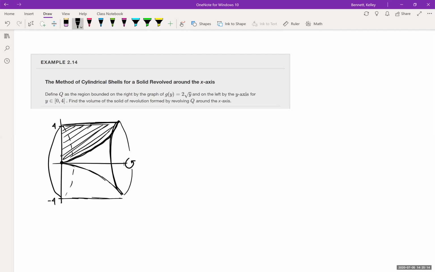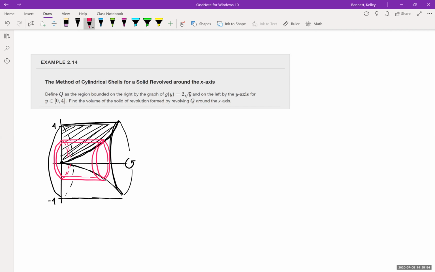So now we have to figure out what our cylinder is, and we're going to do this the same way. I just take a little slice here, and then I rotate that around the y-axis. Right, so that's my cylinder.